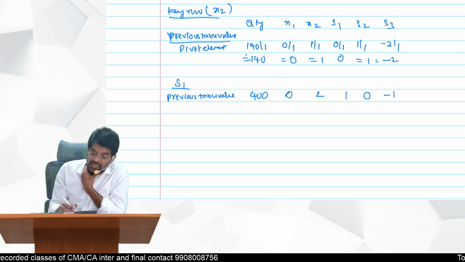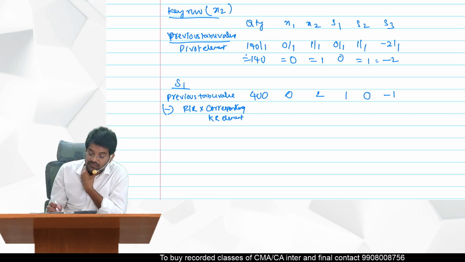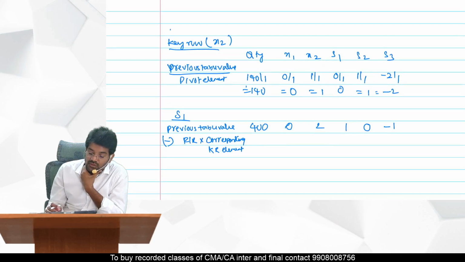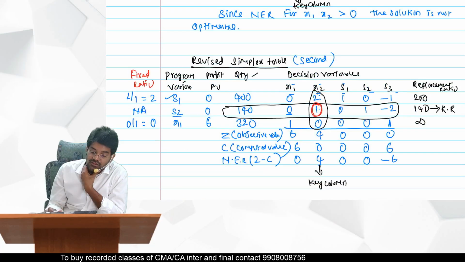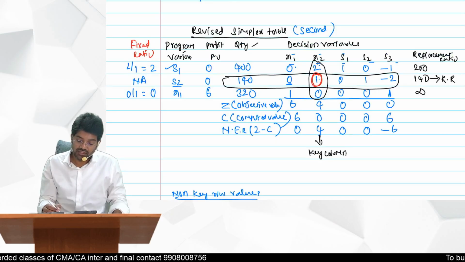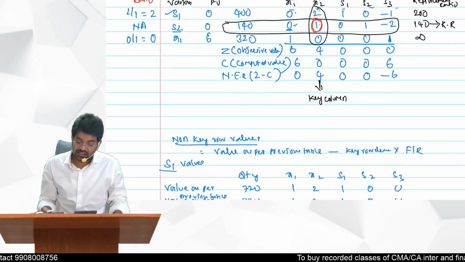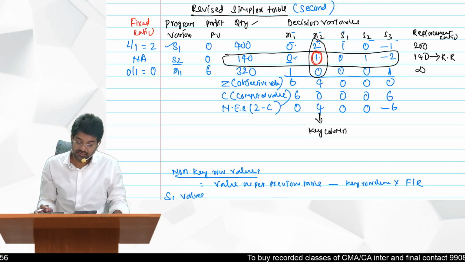Less fixed ratio into the corresponding key row element. For S1 the fixed ratio is 2. For x1 the corresponding key row element is 0, so 0 into 2 is 0. Next one, 1 into 2, 2.